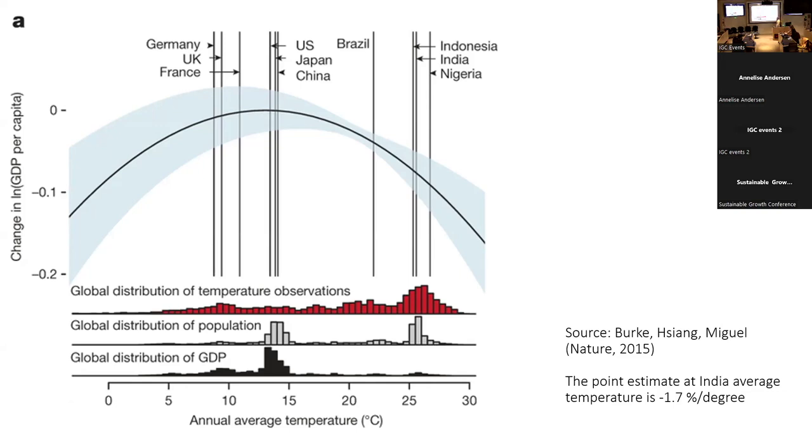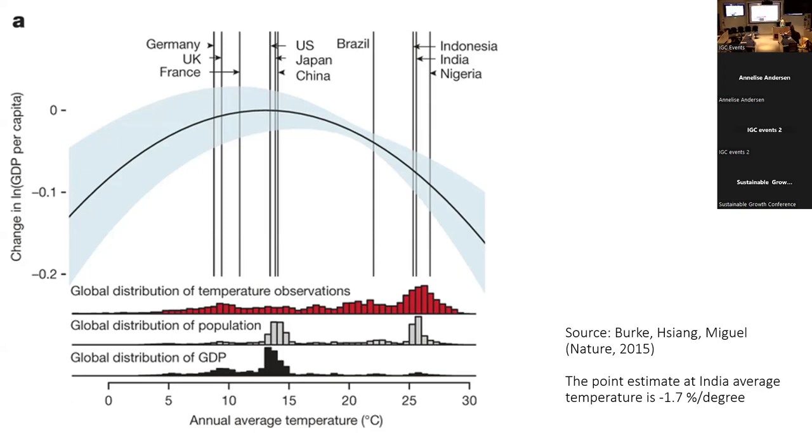As you can see down here, in the global distribution of temperature observations, there are more of them on the right. The global distribution of population has two peaks, one in the temperate zone and one in hotter countries where there are a lot of people, including India and South Asia more generally. The global distribution of GDP has been shifting to the right, but it's still concentrated near the center.